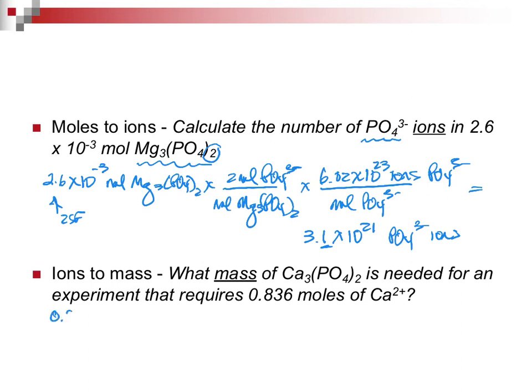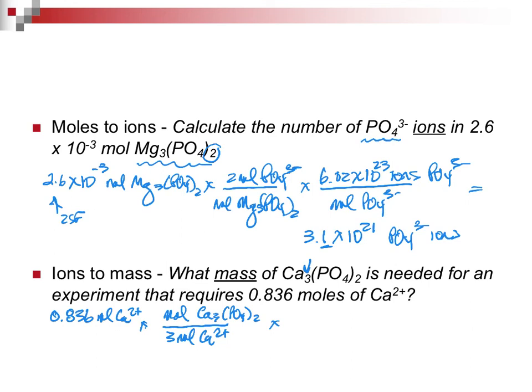So what I'll do is I'll take 0.836 moles of calcium 2 plus, and what I will do is I'll look at the formula, and I'll see there are 3 moles of calcium 2 plus for every mole of Ca3(PO4)2. Okay, that's pretty good, isn't it?